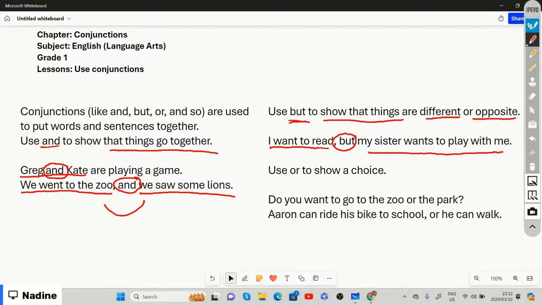And if we look at that sentence, right, it means that the person really wants to read, the person wants to focus, right? But the sister wants to play. And remember, when somebody wants to play with you, it's a distraction, the focus is basically gone.